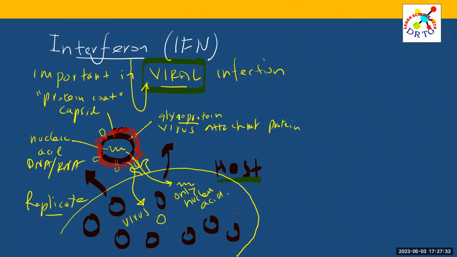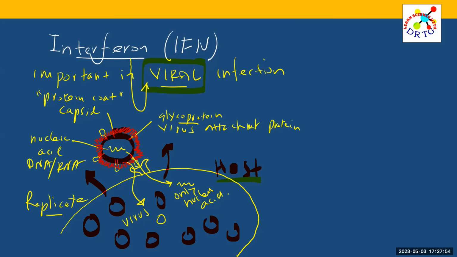To release the virus particles. One of the biggest problems with viruses is that when they are inside the cells, it is very difficult for the immune system to attack. They should come out. If they are inside the cells, there's no access for the cells of the immune system.